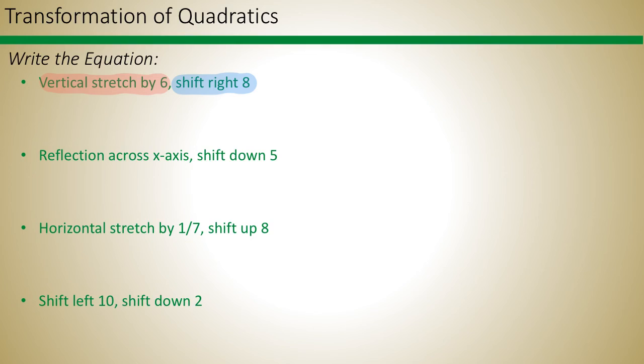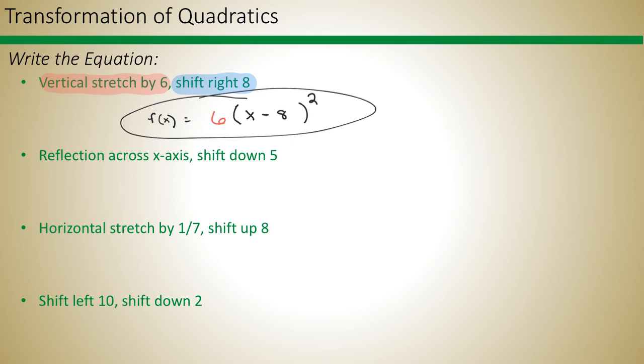So if I have a vertical stretch by 6, I know that there is going to be a 6 on the outside of parentheses. Okay, and then if we're shifting to the right 8, we're going to subtract 8 from the x value, and this thing has to be squared because it's a quadratic. And we're going to write it as f of x is equal to 6(x - 8)^2, that is our answer here.